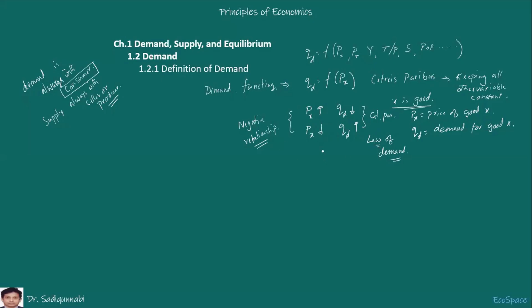So what is the law of demand? When the price of a good increases, the quantity demanded decreases. When the price of a good decreases, the quantity demanded increases. That is called the law of demand.